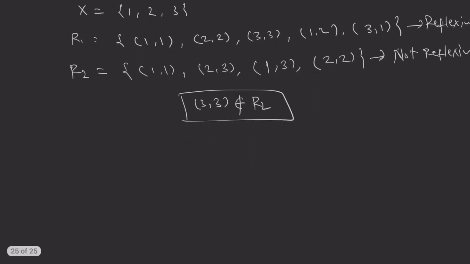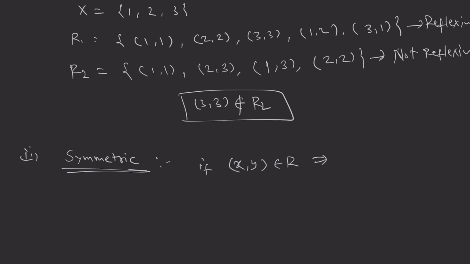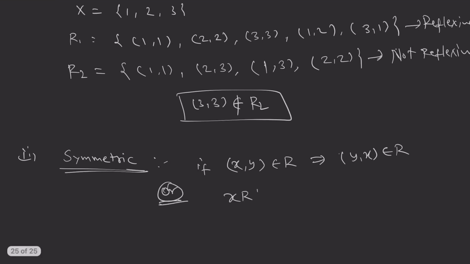The second one is symmetric. If (x, y) is in R implies (y, x) should be in R, or we can write it in a different way: if x is related to y, then y should be related to x.